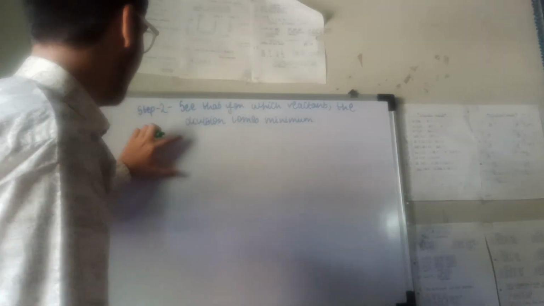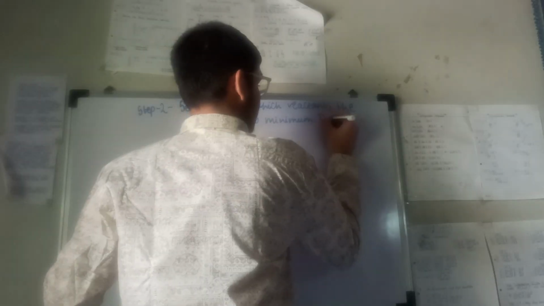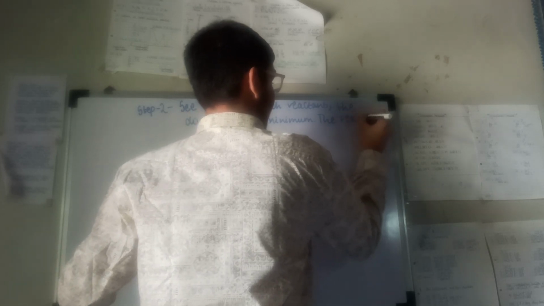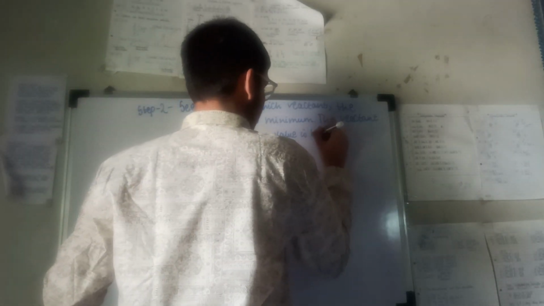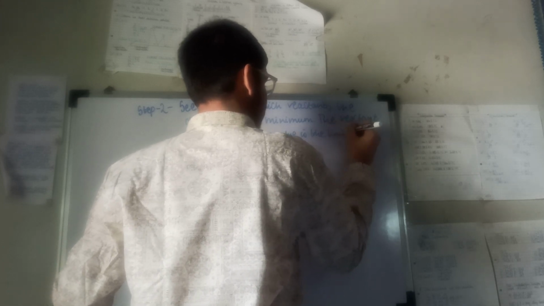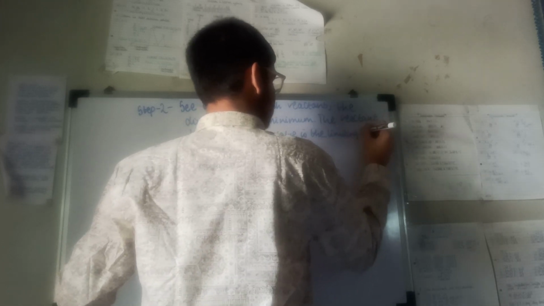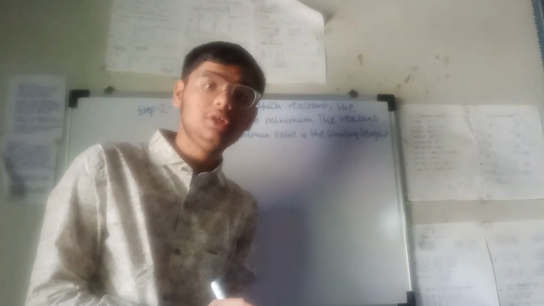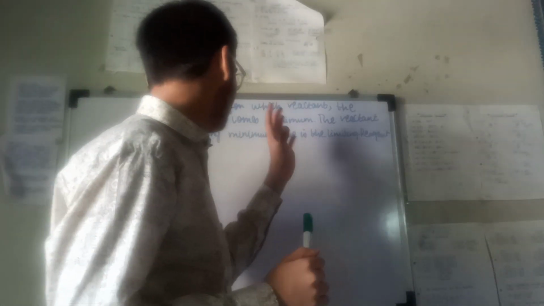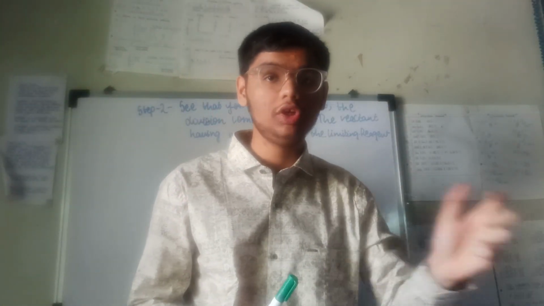The reactant having minimum value is the limiting reagent. So what is the step 2? See that for which reactant the division is coming minimum, and that reactant which is giving the minimum value is the limiting reagent.